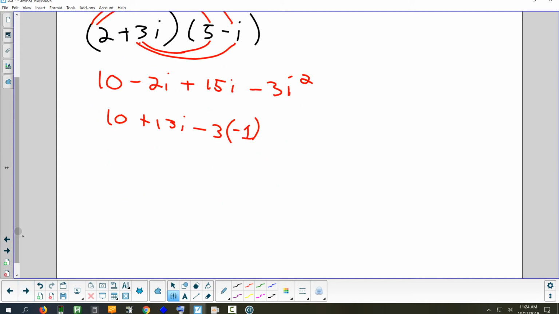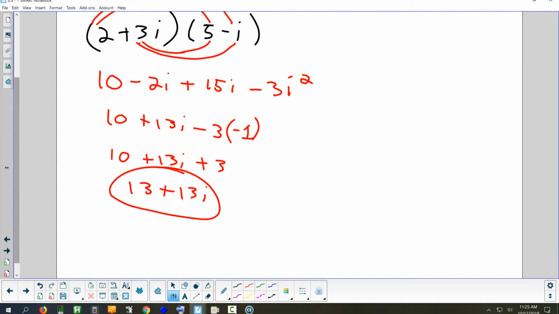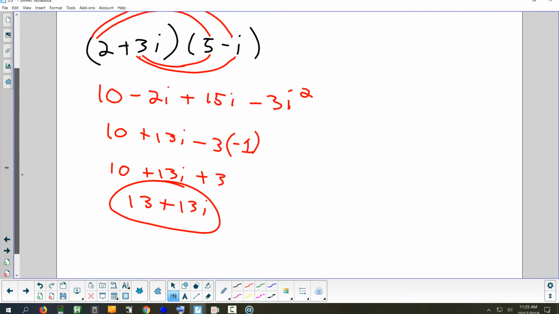Now, combine everything else you have, and that's your final answer. So 10 plus 13i, that's going to become plus 3, because that's negative 3 times negative 1. And 10 plus 3 would give me 13. Just a coincidence that it's 13 and 13. That usually doesn't happen. And that's how we multiply. Any questions on that?